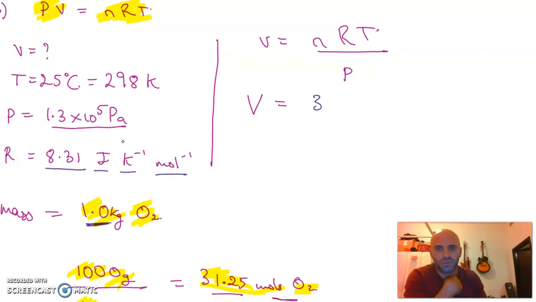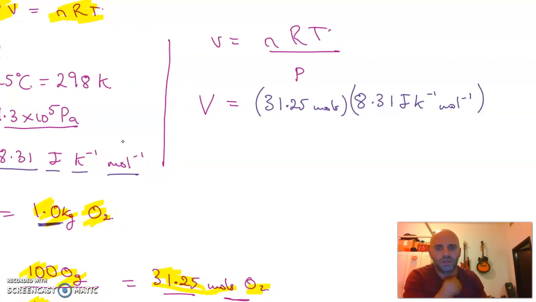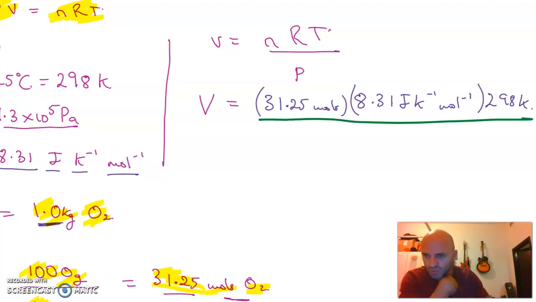I've got the number of moles, 31.25 moles, and I'm going to include the unit, times 8.31 joules per Kelvin per mole, and the temperature is 298 Kelvin, divided by the pressure, which is 1.3 by 10 to the 5 pascals.